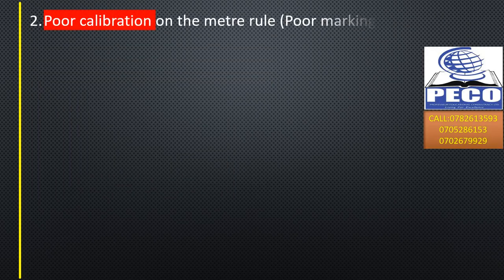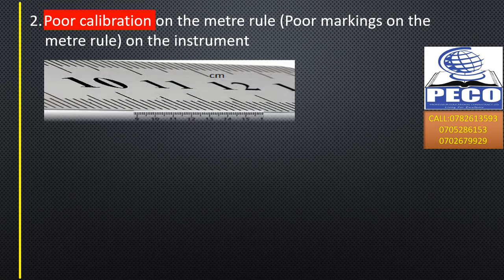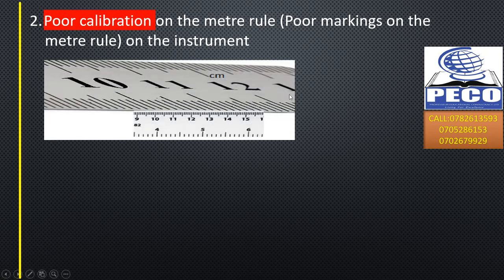The second source of error can be poor calibration on the meter rule, poor markings on the meter rule or on the instrument. I want to illustrate it this way. Now we may have different instruments. Now this marking here, when you look at the gap between the markings, is wider than this one.